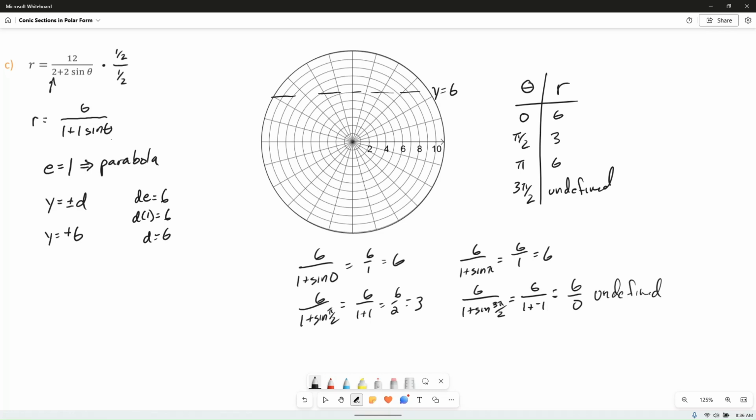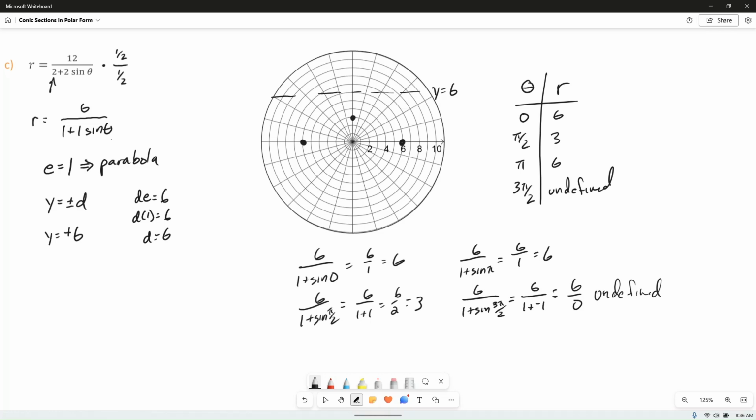In the 0 direction, we're going to go out 6 units. In the pi over 2 direction, so that's upwards, we're going to go 3 units up. In the pi direction, we're going to go out to a negative 6. So 1, 2, 3, 4, 5, 6. And then in the 3 pi over 2 direction, which is straight down the negative y-axis, there's no point.